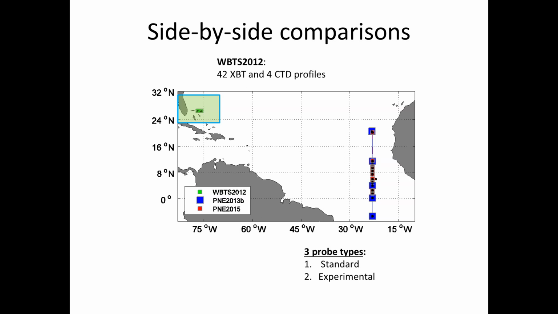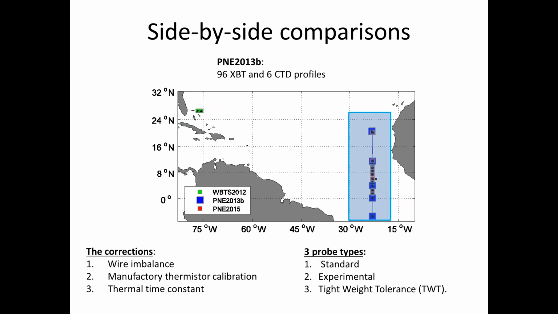The Western Boundary series deployed 42 XBTs with two different probes. One is standard, that is the standard Deep Blue, and the experimental, where we constrain the physical properties of the thermistor to see if we change the accuracy of the thermistor.